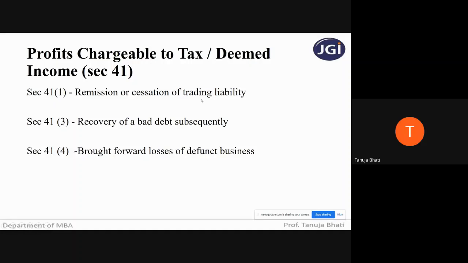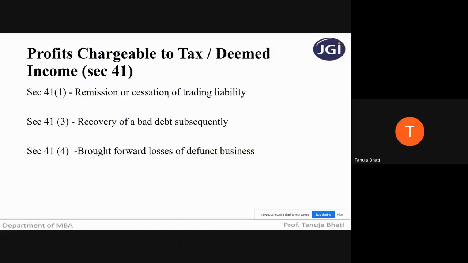Suppose you have a liability, usually you show it on the balance sheet, on the liability side. You have a creditor to whom you have to pay some money. Over the period of years, suppose something happens to that creditor, or that creditor's address is not traceable, or that creditor is foregoing or waiving your liability.